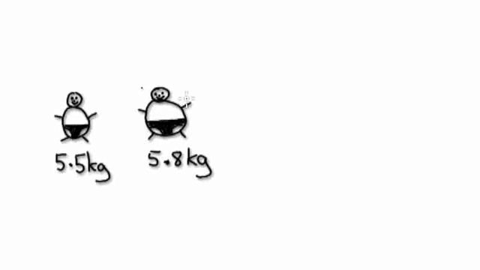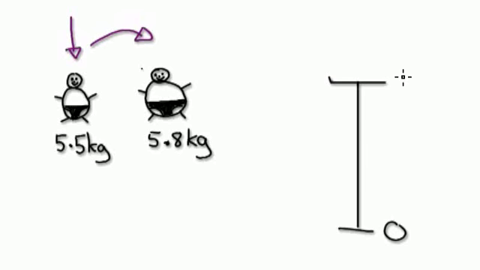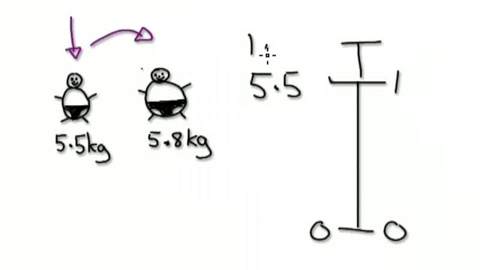I'll give you another example here. Let's say a baby weighs 5.5 kilograms. A year later, it weighs 5.8. So what is the percentage increase? So diagram. Your diagram is like this. The original is 5.5 kilograms. 0 down here, and then a year later, it will increase to 5.8.